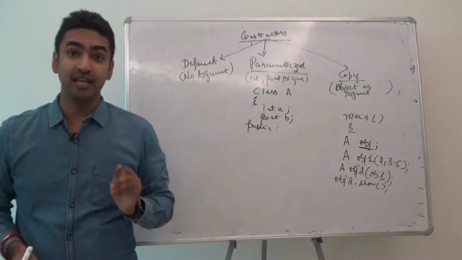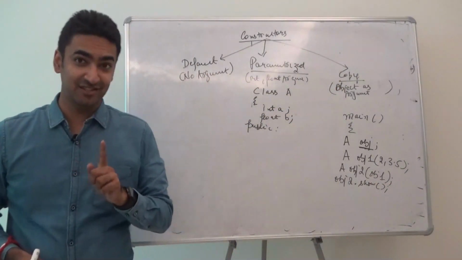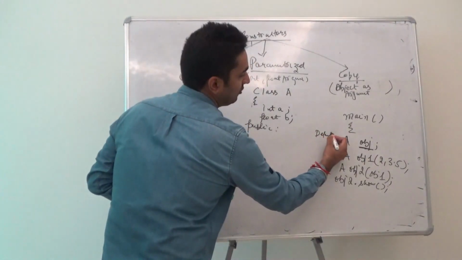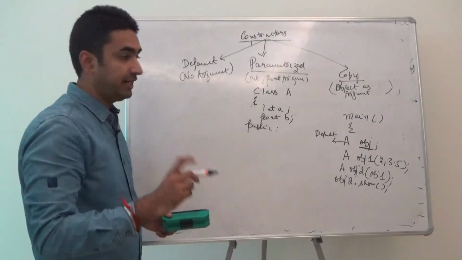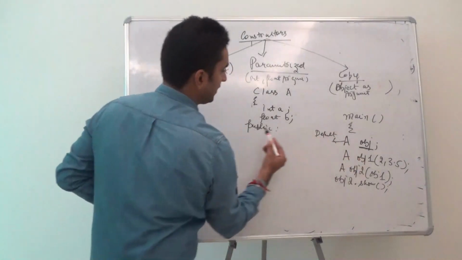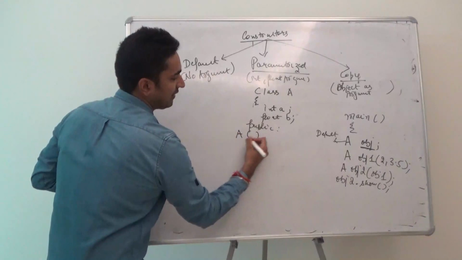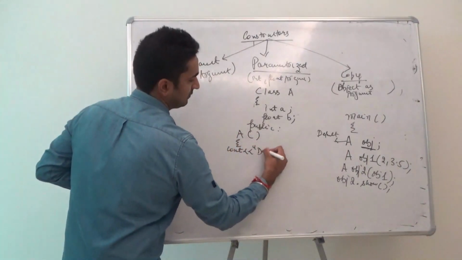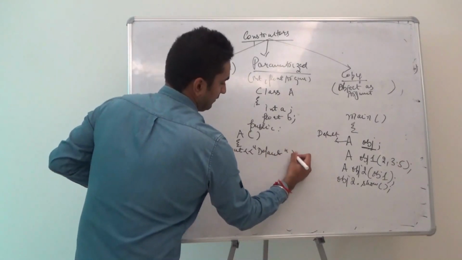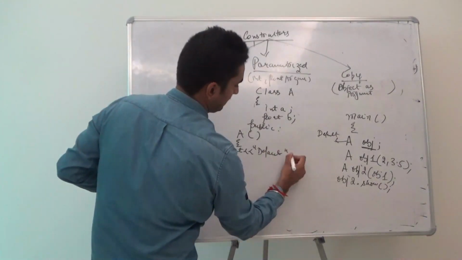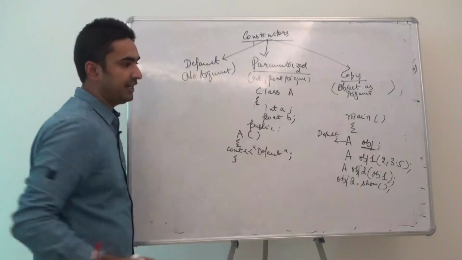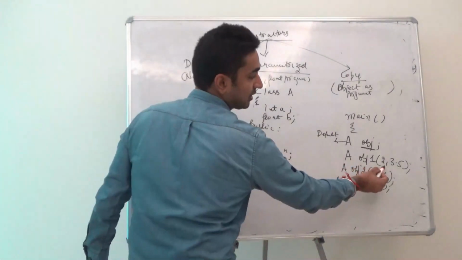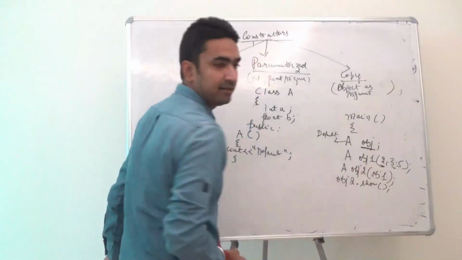Guys, actually in this main I have used 3 constructors. First is default. I will use no parameter to it. The moment object is declared, constructor gets used, does not have any arguments. I'm just writing cout default. The moment object 1 is declared, constructor gets called, but this has 2 parameters.